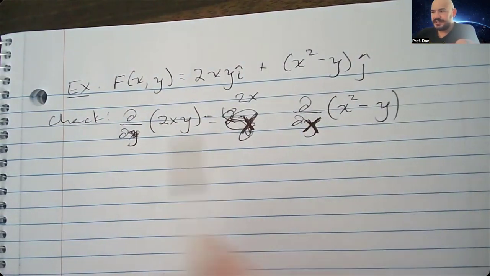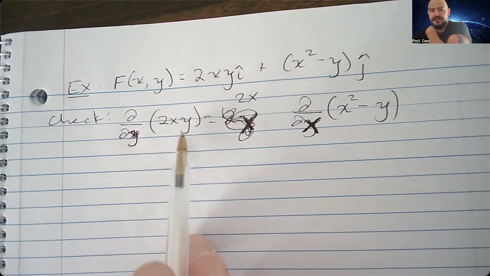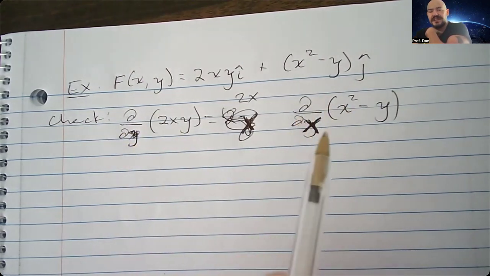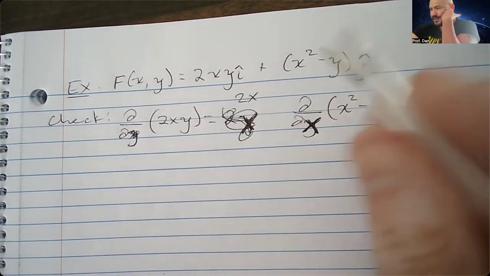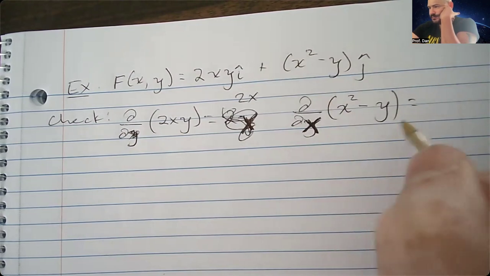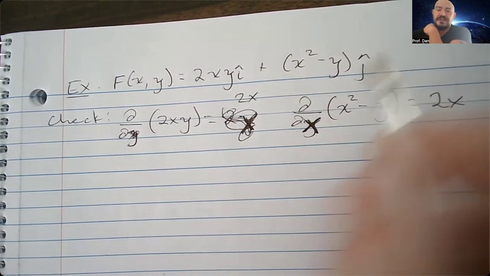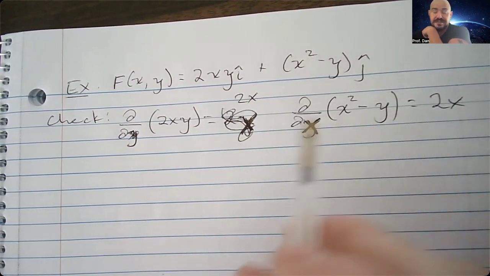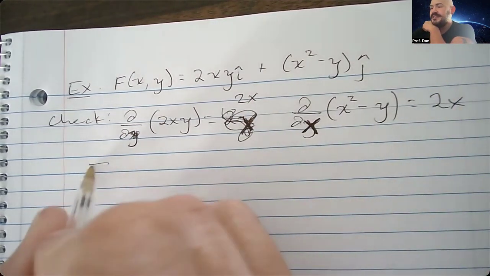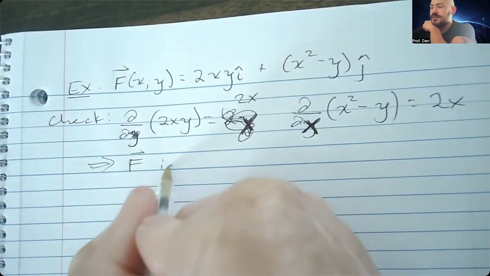So it should always be opposites. If I take the derivative with respect to y, that is of the x component. If I take the derivative with respect to x, that is of the y component. So this is going to end up giving me 2x as well. Since these derivatives are the same, that tells me that F is conservative, vector arrow.